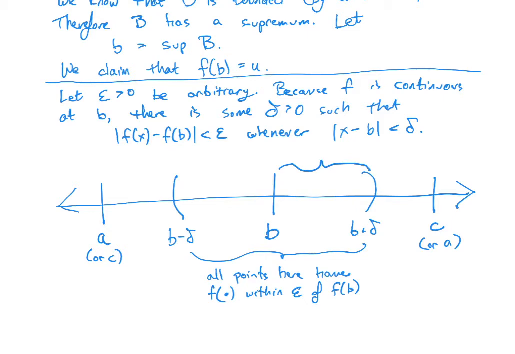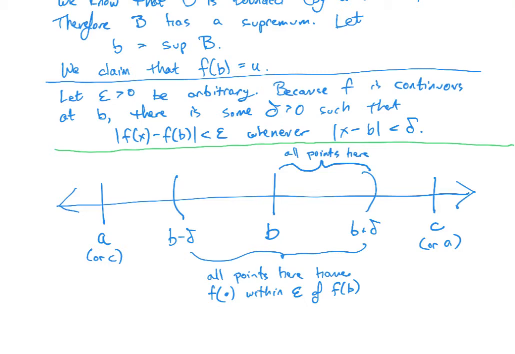what do we see? There are no points of S to the right of B, right? Because B is the supremum. So what can we say about every point to the right of B?